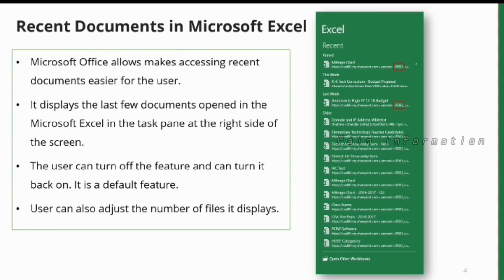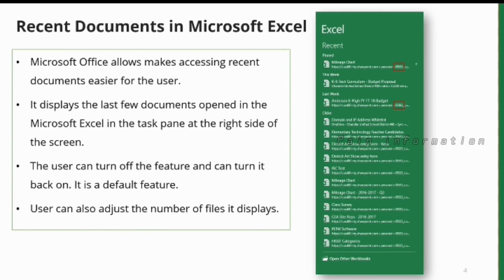Now let's say you're working on a balance sheet and you will be using it for quite some time. So every day you try to open it and work on it, or you will be using it after some time. So there are a lot of uses that you can get from those recent documents. Now there are two ways to locate that balance sheet.